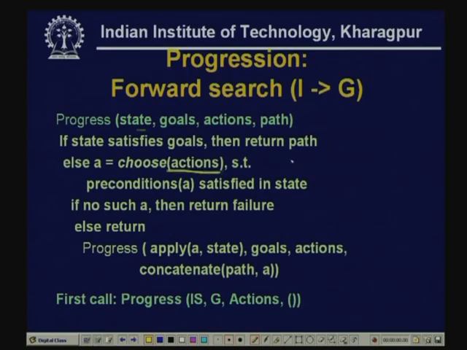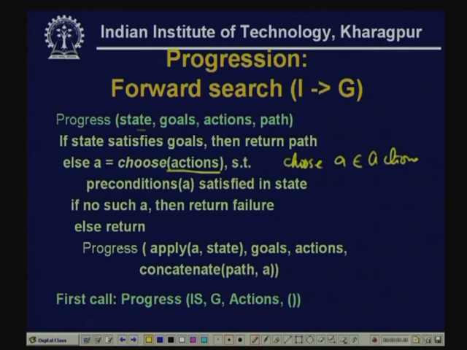We choose A, which is part of actions, and those A for which the precondition is satisfied in state S. If there is no such A, then we cannot progress that state further.